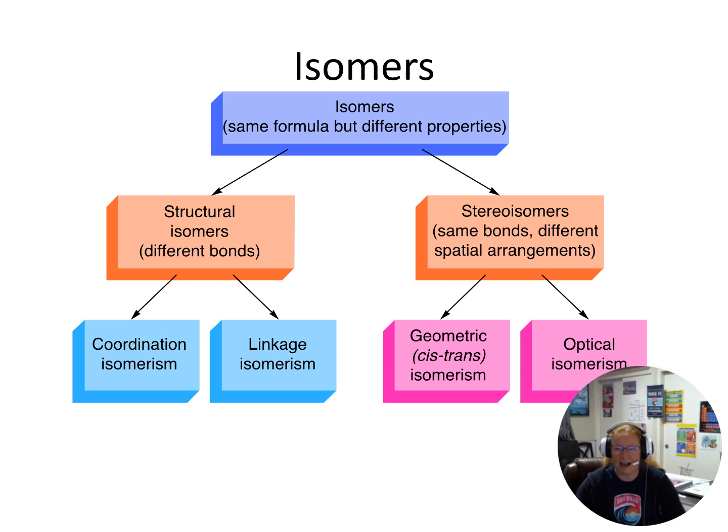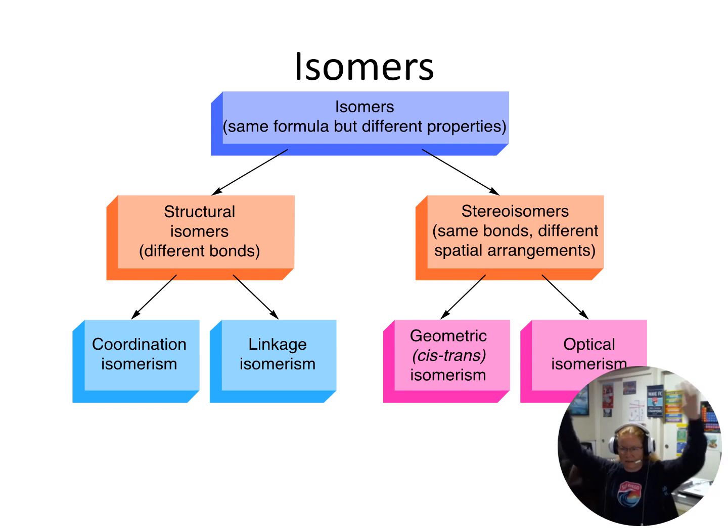Then we have something called isomerism, where I have 2 things with the same formula but different properties. We can get structural isomers, where things are bonded differently, and stereoisomers, where things are bonded the same but have different spatial arrangements. We can get subtypes there. We get geometric isomerism, so cis and trans.